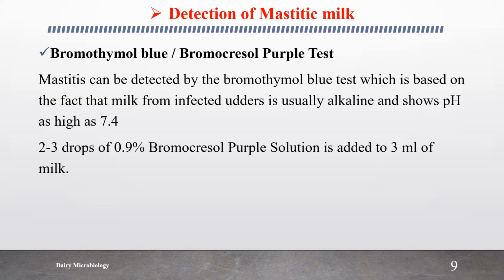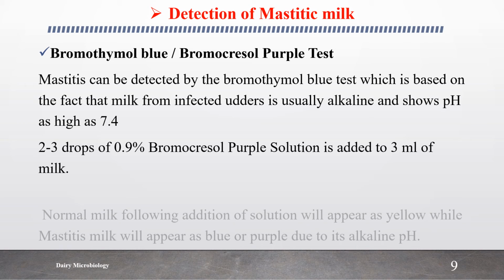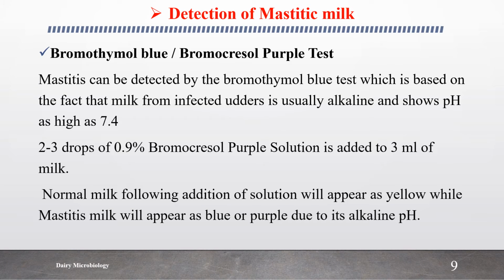So add 2 to 3 drops of 0.9% bromocresol purple solution to 3 ml of milk and observe the change in the color of the solution. The normal milk after addition of the solution will appear yellow due to its acidic pH, while mastitic milk will appear blue or purple due to its alkaline pH.